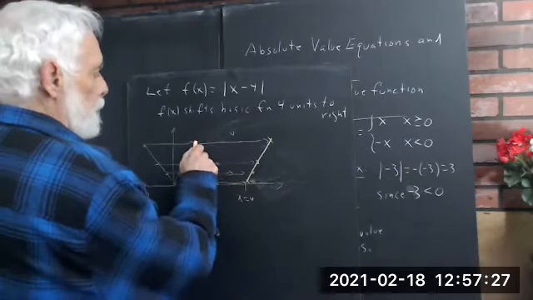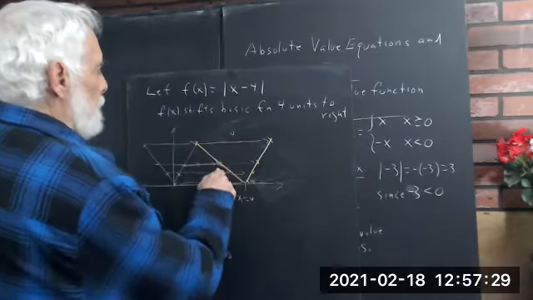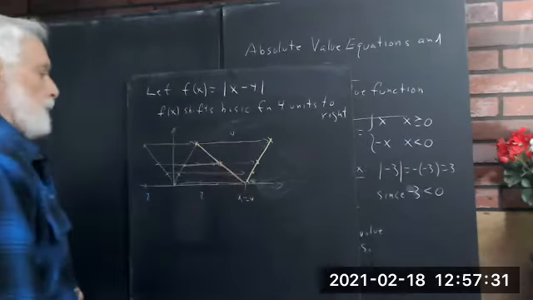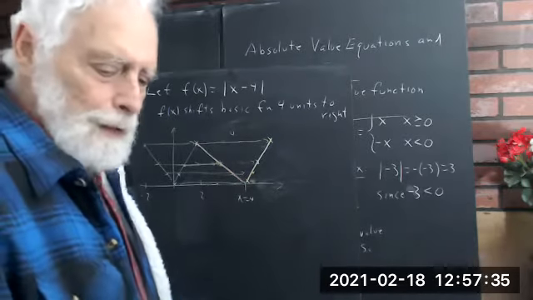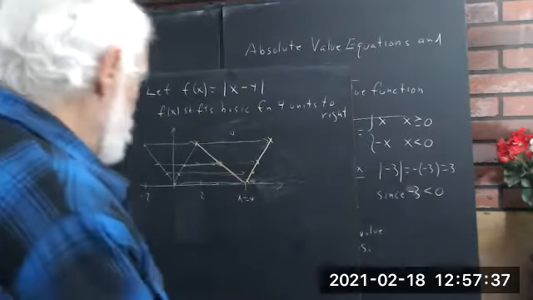And then we just go a little further. And we get this part of the graph. Not very well drawn. I had a bad slope there, but I was looking at a bad angle. Okay.